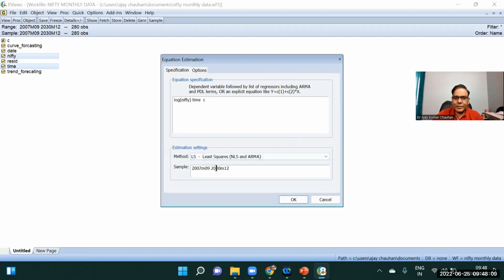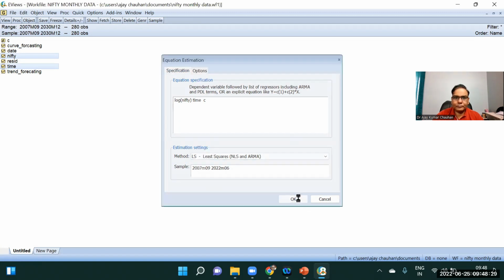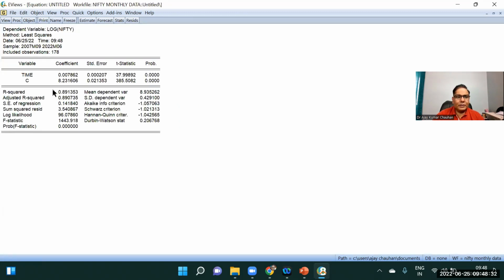The sample period means the period which you are using for making the model, and forecast sample means the sample where you are going to forecast. So this is our sample for the model. And it is again 89%, not very strong, because the curvilinear trend is more accurate with 92% R square. It is 89, but it is still better than the trend forecasting.